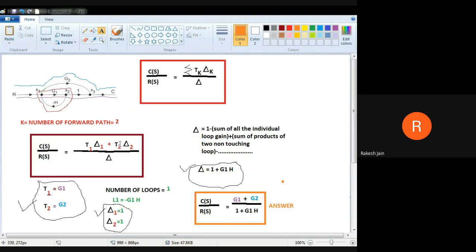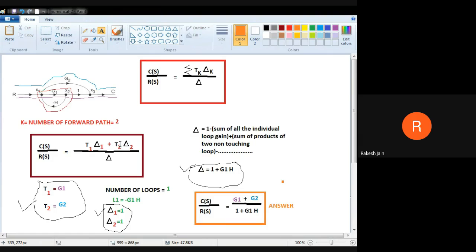T denotes the forward path gain; del 1, del 2, del 3 show which particular forward path is not touched by which loop; and del means 1 minus the sum of all the individual loop gains plus the sum of products of two non-touching loops minus the sum of products of three non-touching loops and so on.